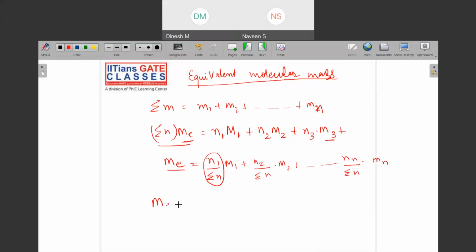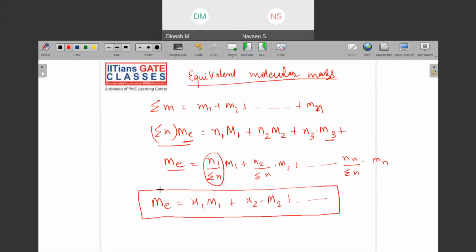So mass equivalent is nothing but the mole fraction of that particular gas multiplied by its molecular mass. Similarly for each gas. If you follow this, you will be able to find the equivalent molecular weight of a mixture of gases.